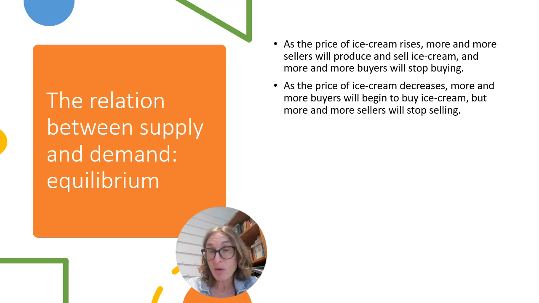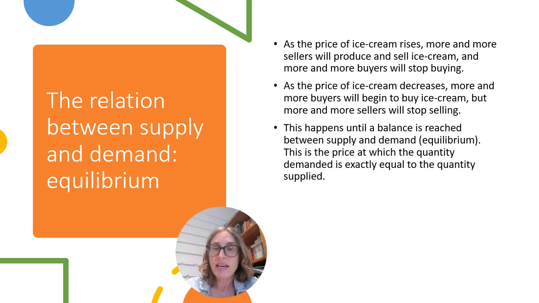But equally so, more and more sellers will stop selling, and they might try and move their capital to other industries that are more profitable. And this happens until a balance is reached between supply and demand. Economists call this balance an equilibrium between supply and demand. This is the price at which the quantity demanded is exactly equal to the quantity supplied.